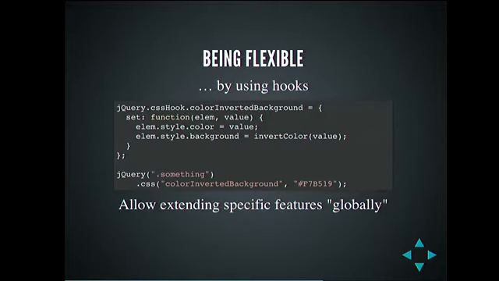And there's hooks. Hooks are pretty much like callback functions with the difference that they're defined once, usually globally. In this case, this is a jQuery feature as well. CSS hooks: I can define a namespace, color inverted background, which allows me to define a setter and a getter.